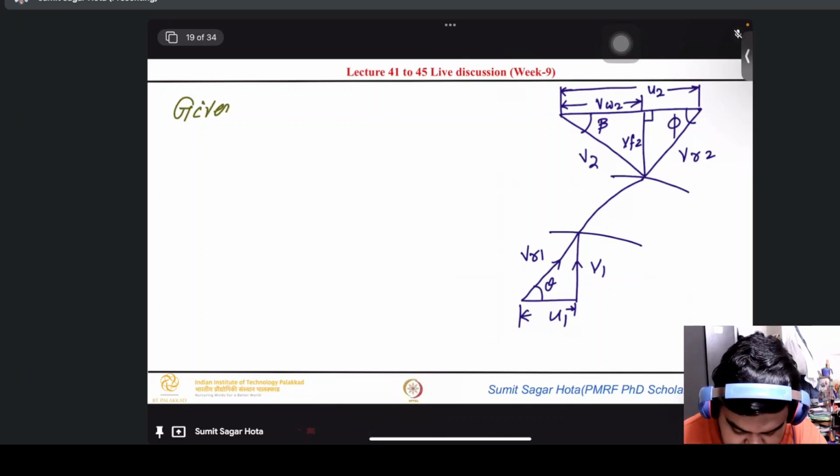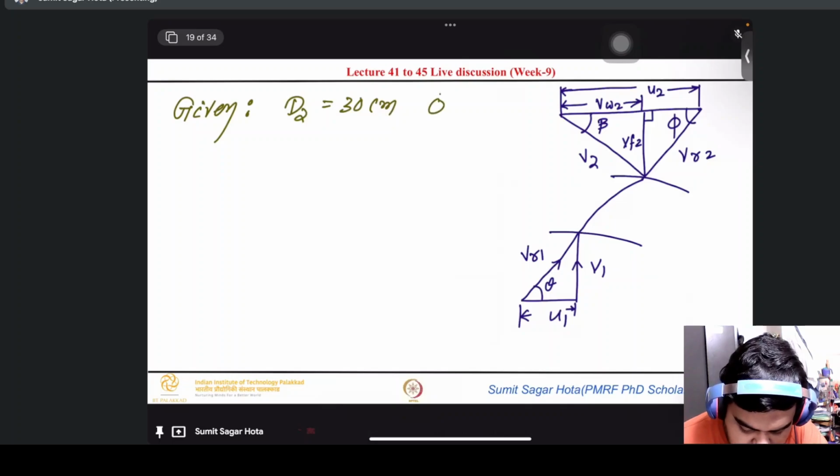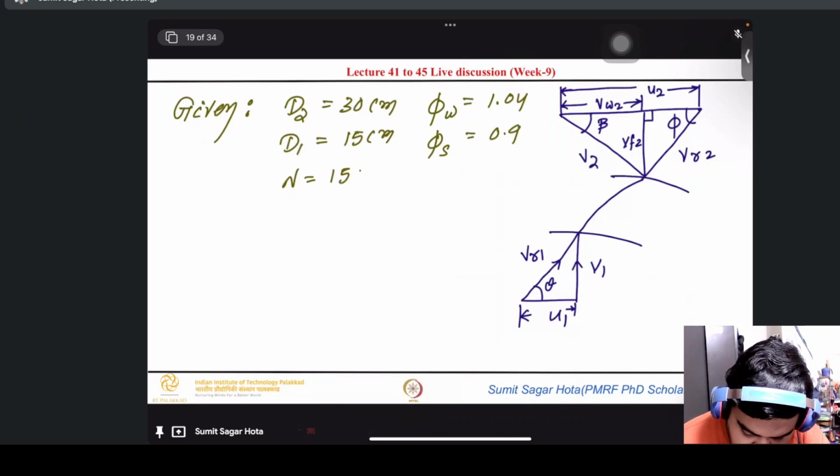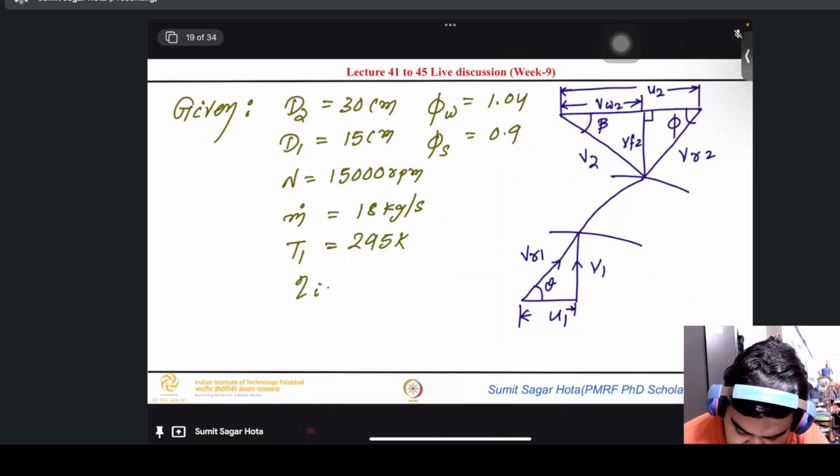So what are the things given? D2 is 50 centimeter, D tip 30 centimeter, power input factor 1.04, slip factor 0.9, D1 15 centimeter, N is 15,000 RPM, M dot 18 kg per second, and then T1 295 Kelvin, and isentropic efficiency of 0.78.